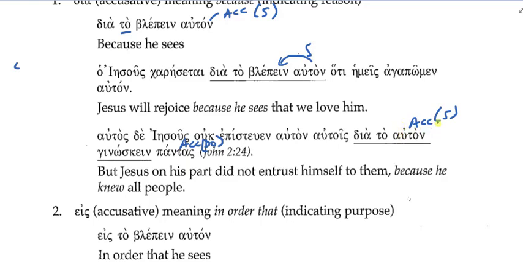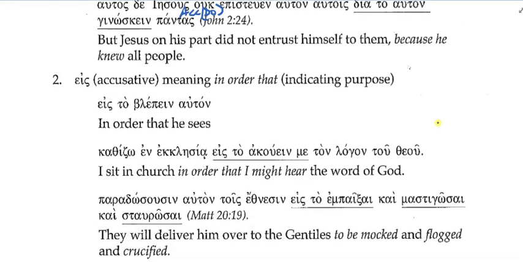All right. Now the second sort of example is eis. And here you translate it as in order that, and I'd have, well, what case would eis require? Eis takes its object in the accusative case, right? So if I had an article and an infinitive, that article would be in the accusative case.